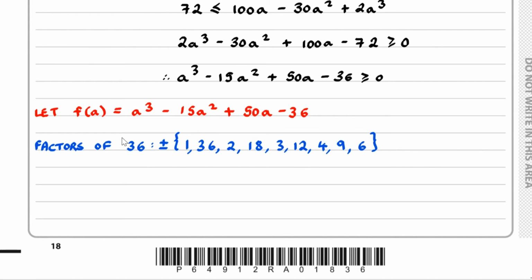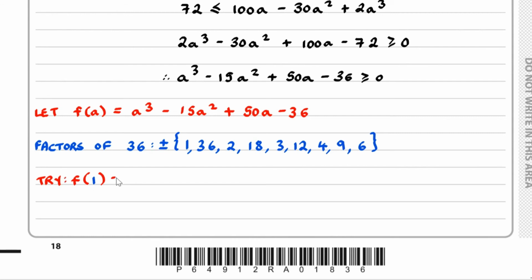So what we'll do is we will try f of 1. And if we get 0, that means a minus 1 is a factor of f of a.